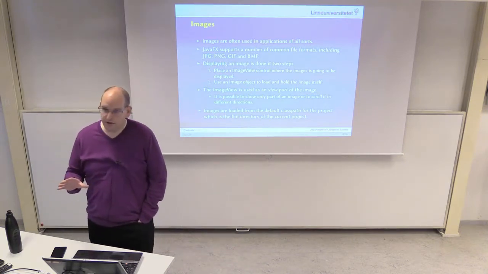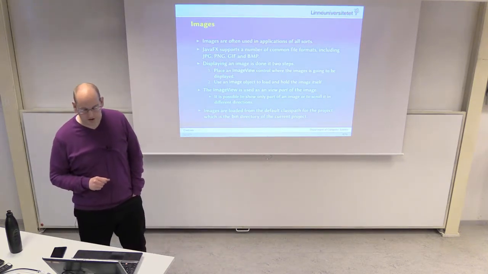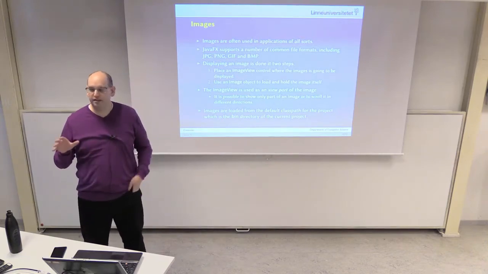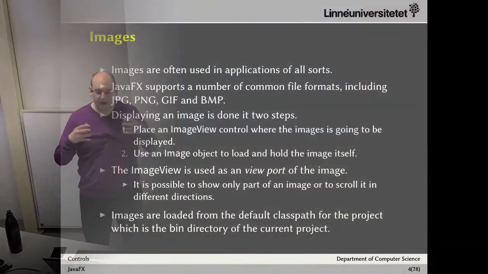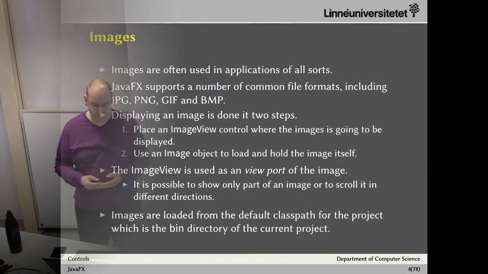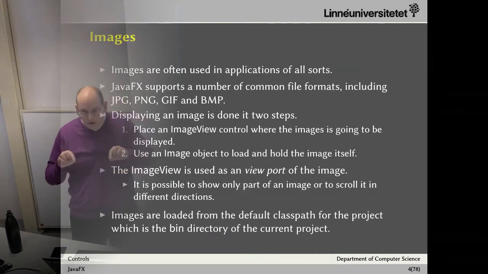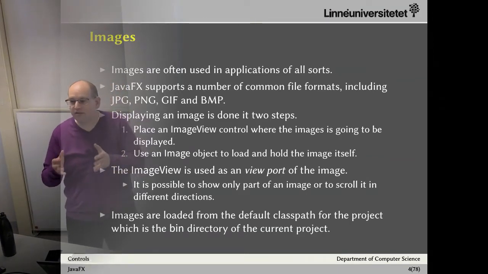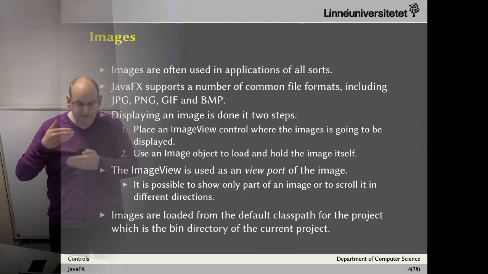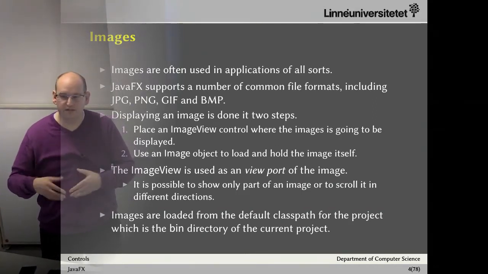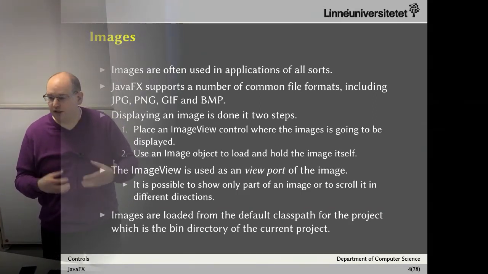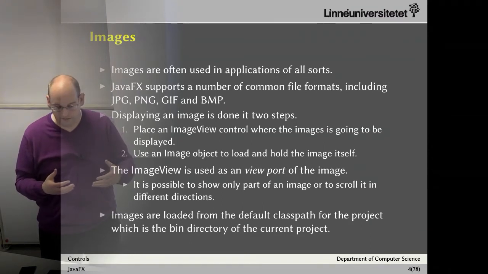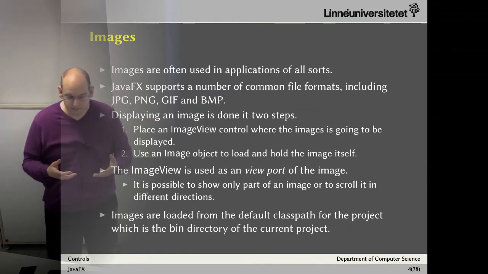For all these bitmap images, we work in the same way. We have an image view, which is the control that actually shows the image on the screen, and we have an image object which holds the image itself. And we have this separation because the image object is merely the image itself, the PNG picture, or whatever it might be.